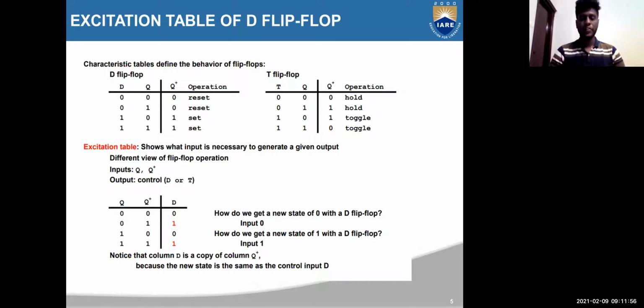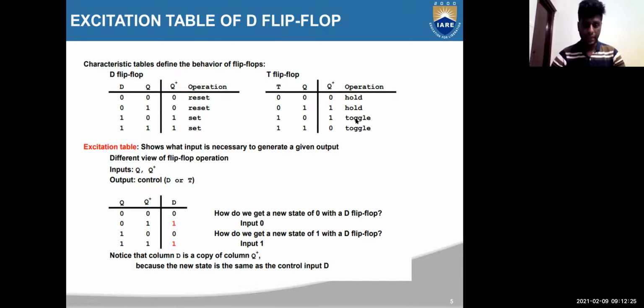Now, we are forming an excitation table of a D flip-flop. Here the characteristic table defines the behavior of the flip-flop, where D and Q have values 0, 0, 0, 1, 1, 0 and 1, 1, and Q plus gets the values 0, 0, 1, 1. Coming to the T flip-flop, the T and Q values are 0, 0, 0, 1, 1, 0 and 1, 1, and Q plus gets 0, 1, 1, 0, which means the first two hold, and the next two toggle.